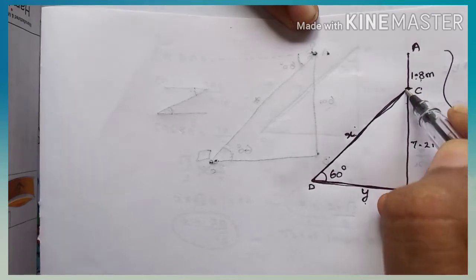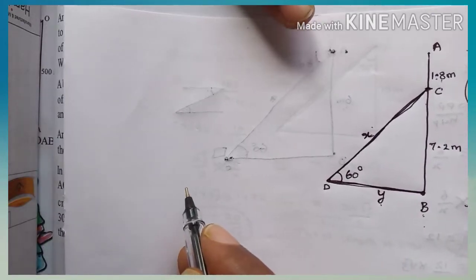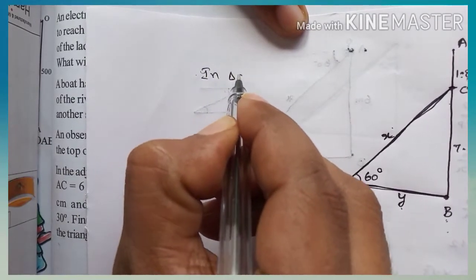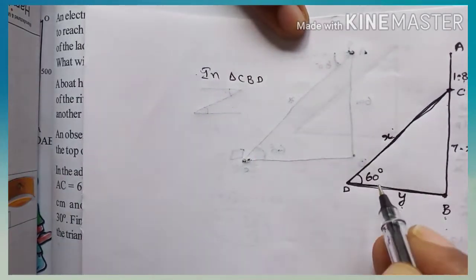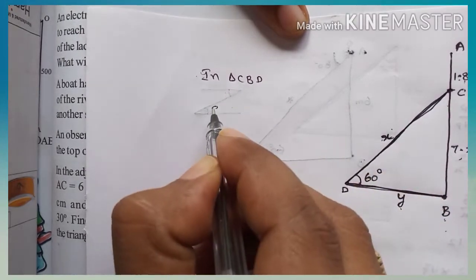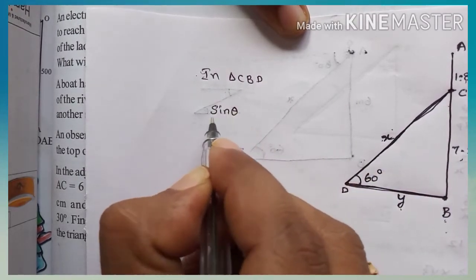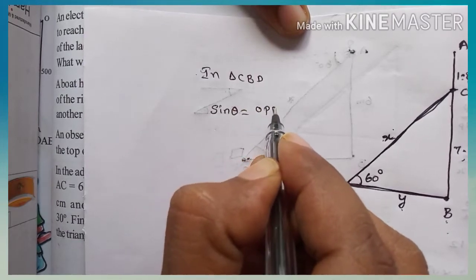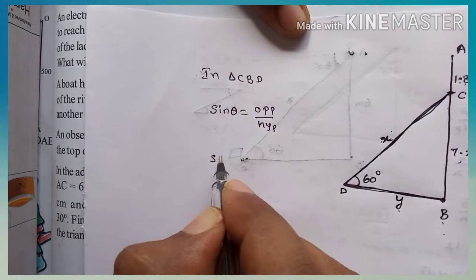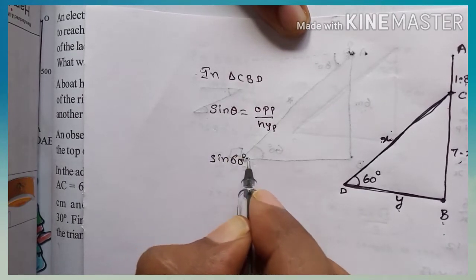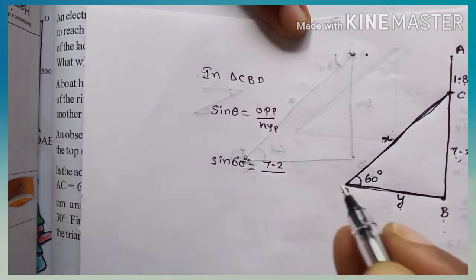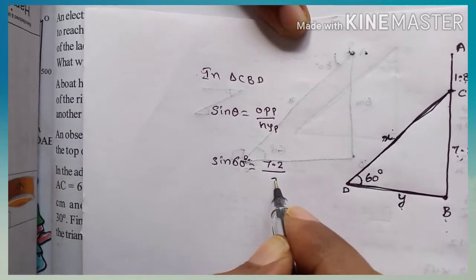In triangle CBD, for this angle, this is the opposite side and this is the hypotenuse. So the opposite-hypotenuse relation is sin theta equals opposite side by hypotenuse. Sin 60 is equal to the opposite value 7.2, not 9, by the hypotenuse value x.